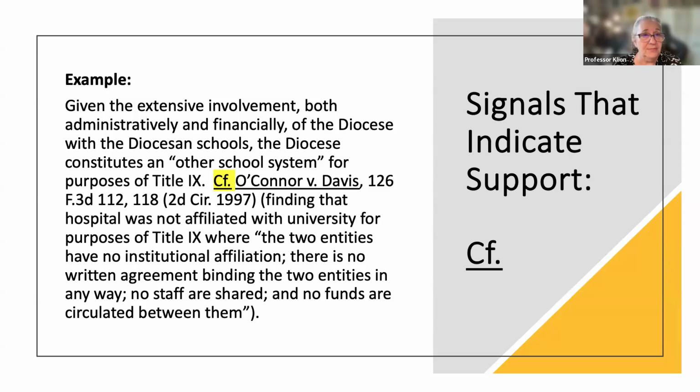You see the cf., you see the cite, and now you have an explanatory parenthetical finding that hospital was not affiliated with university for purposes of Title IX, where then you have a quote, the two entities have no institutional affiliation. There is no written agreement binding the two entities in any way. No staff are shared and no funds are circulated between them.